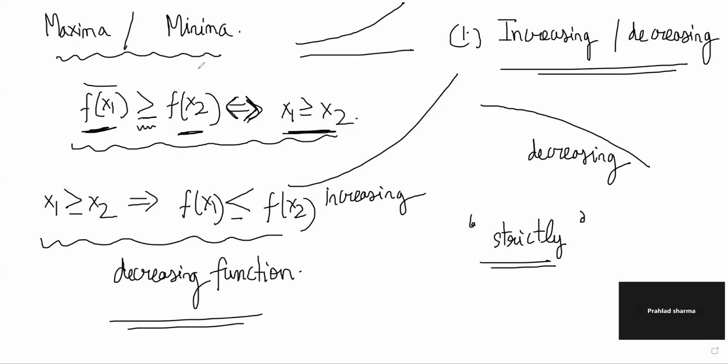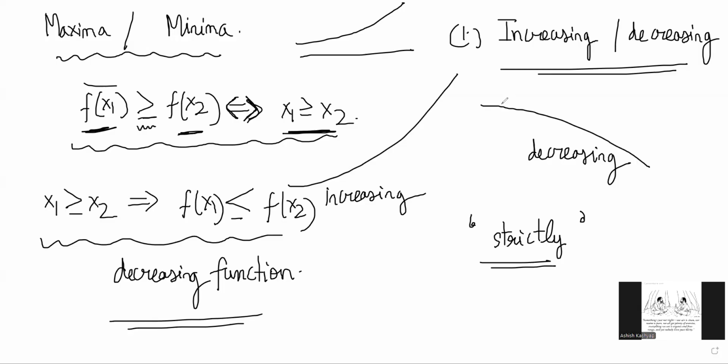Now, if you know these increasing, decreasing, strictly increasing and strictly decreasing functions, then what we can understand from here is that you can characterize all of these functions by thinking about their derivatives.